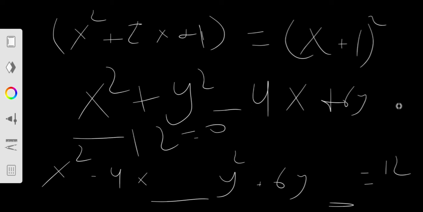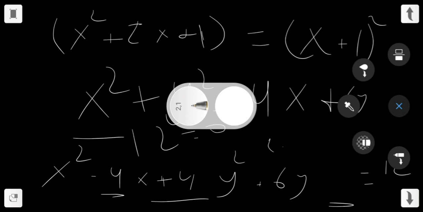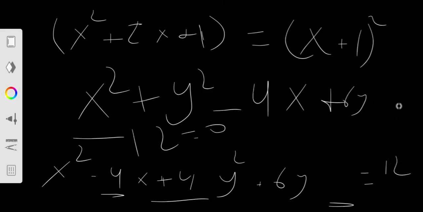So which numbers are these? Well, here I have 4 multiplied by x, right? So here I'm going to add 4, and here I have 2 multiplied by 3, which is 6, right? 6 is 2 multiplied by 3, and 3 squared is 9.